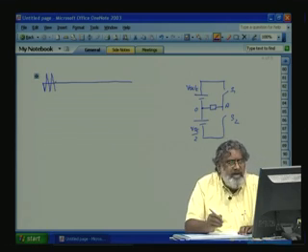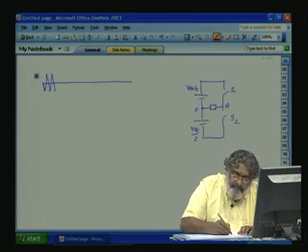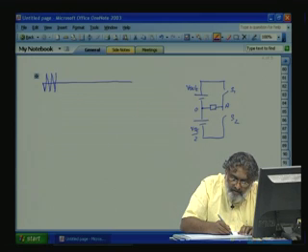The frequency of triangle waveform is much higher than the sine frequency. Also, we will use the triangle frequency as an odd multiple of sine frequency.